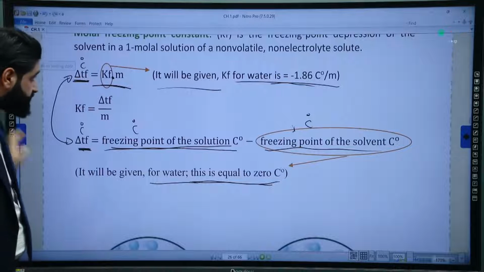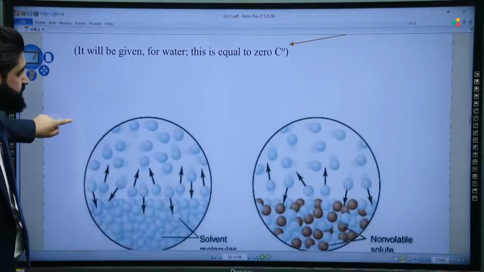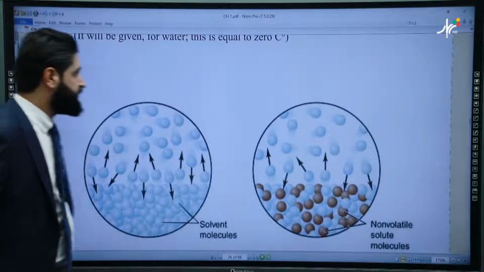Okay. Let's see something more. Now we have two equations. I'm going to mention them here again.